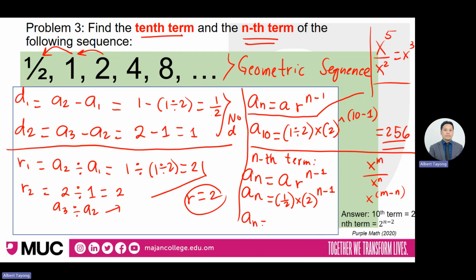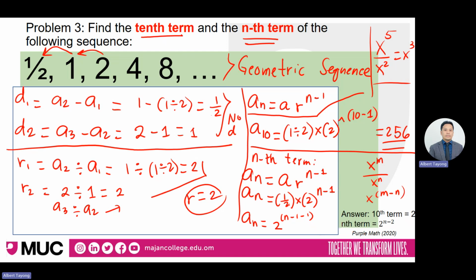So our a sub n is equal to 2 raised to the power of n minus 1 minus 1, because the exponent here is 1. The 1 will disappear because 1 times this will be equal to this, so no need to write 1. So we have n minus 1 as the exponent above, and here the exponent is 1.